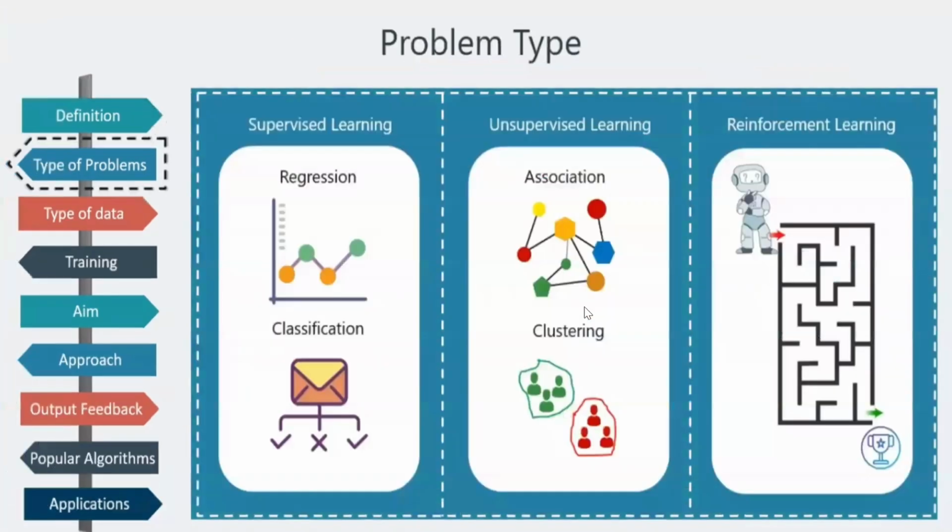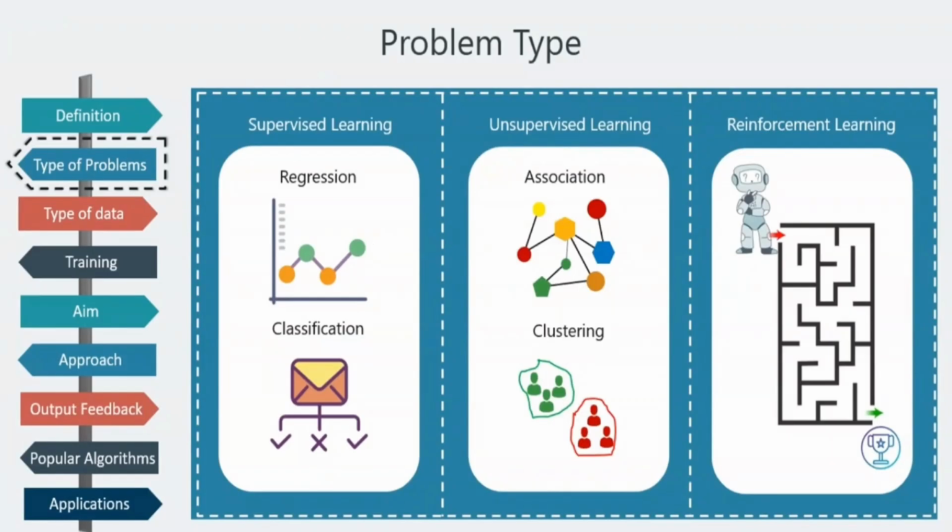Next, let us see why we use supervised learning: for what purpose we use supervised learning, for what purpose we use unsupervised learning, for what purpose we use reinforcement learning. Because supervised learning, unsupervised learning, and reinforcement learning are used to do certain tasks.